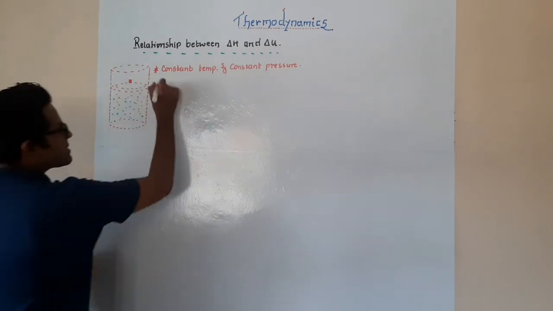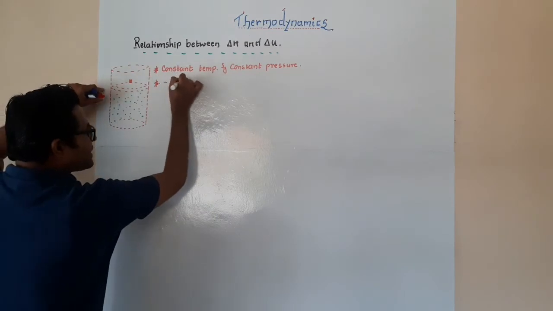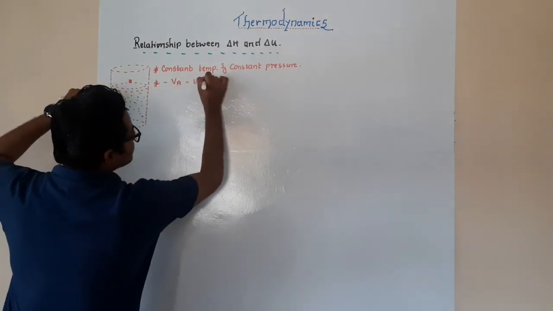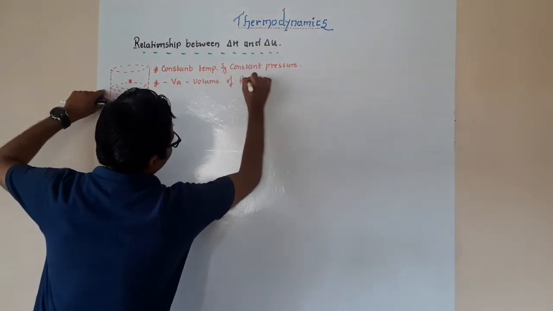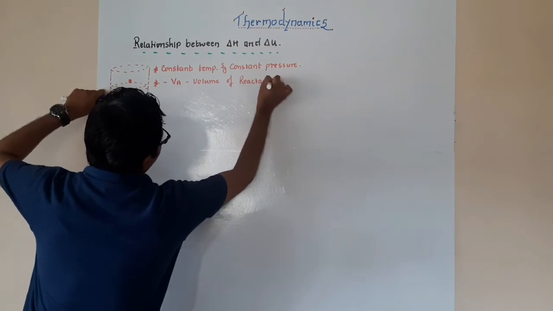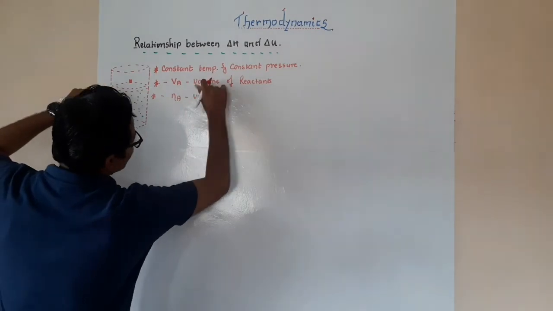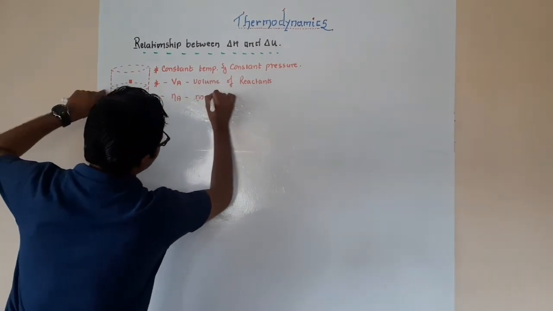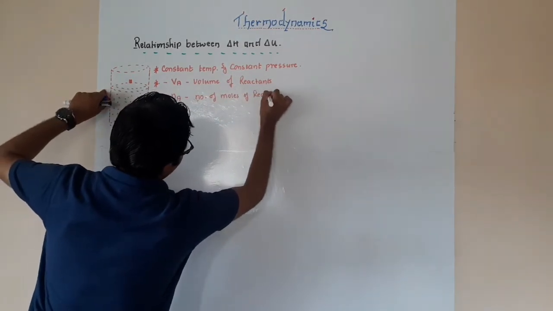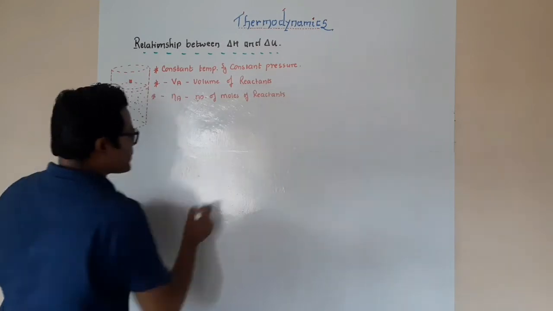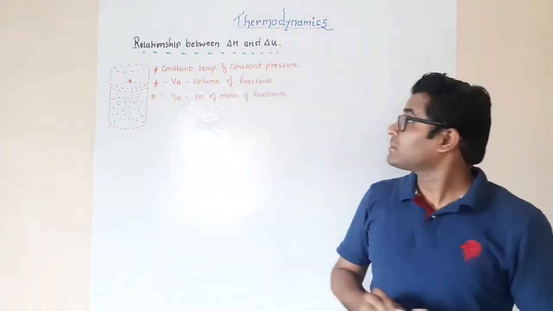Now let's take into consideration that VA is the volume of reactants, and let us say that Na is the number of moles of reactants. So this entire process is going to take place at constant temperature and constant pressure.